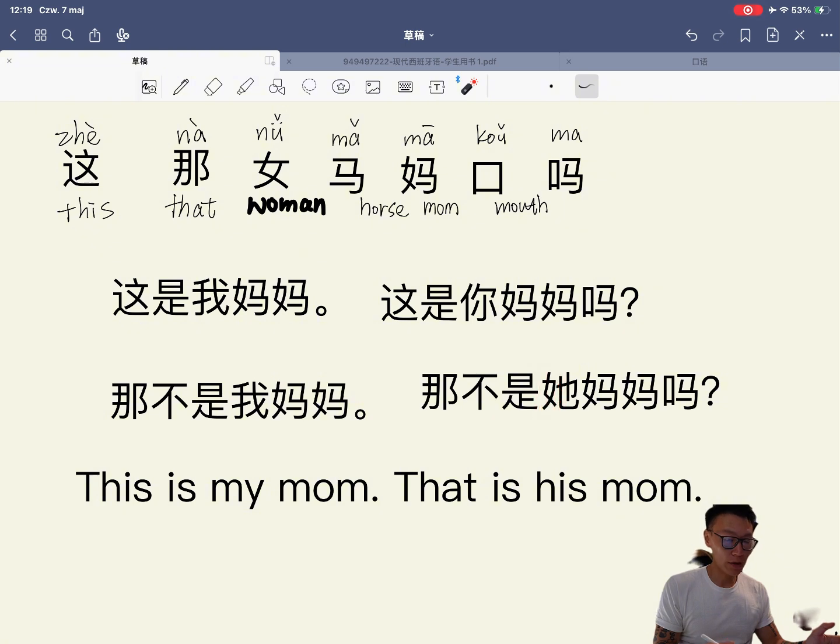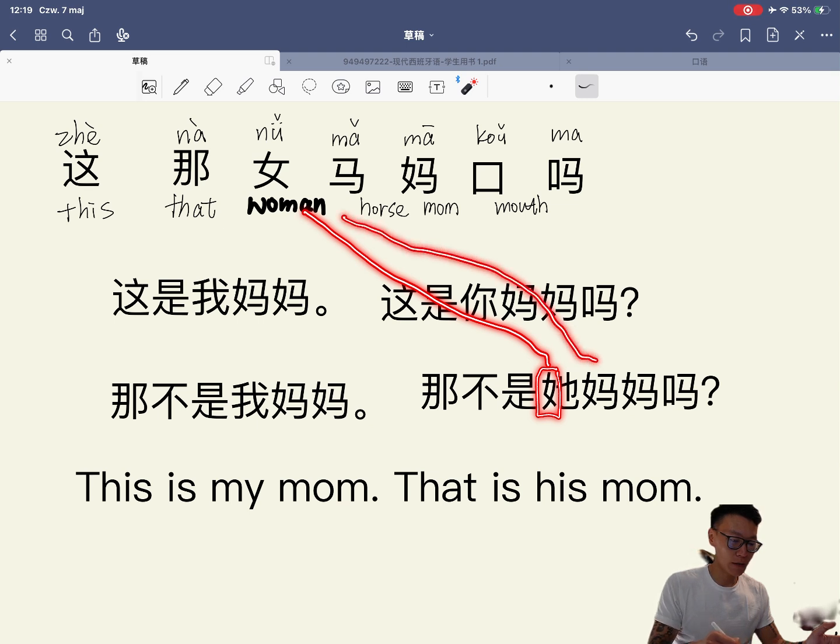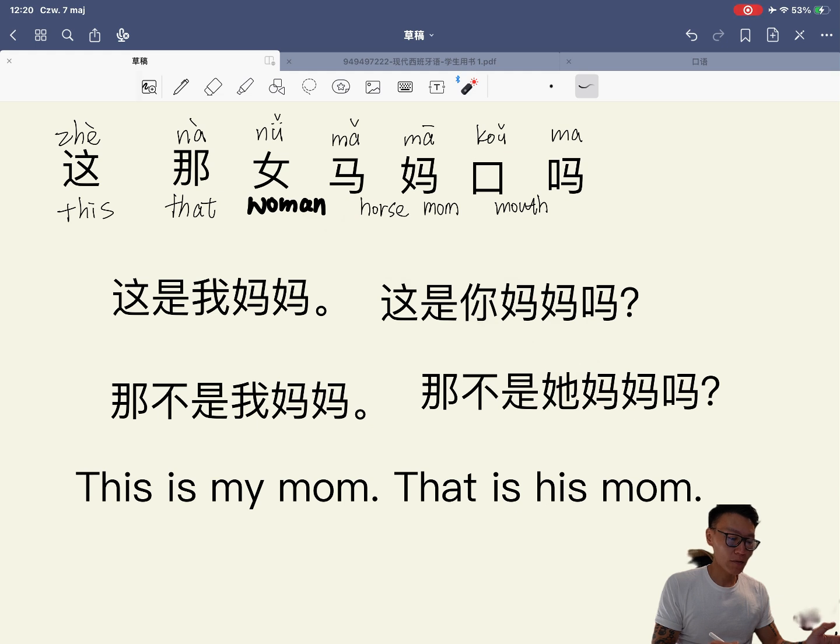She or her in this case has the same left side part, because this part comes from the character 女, right? And 女 means woman. That's why whenever you see a character with this left part, you know it has something to do with a woman. So 她 is she, not he, because we have this woman part on the left side.